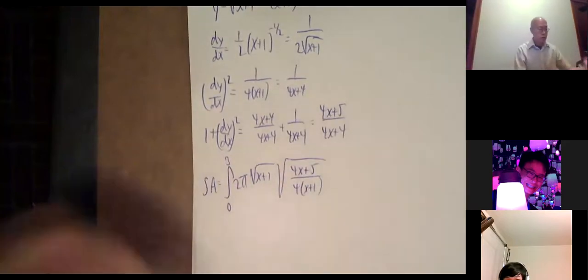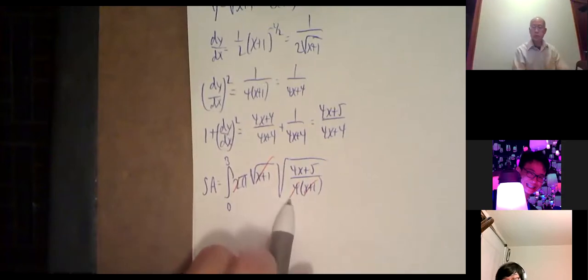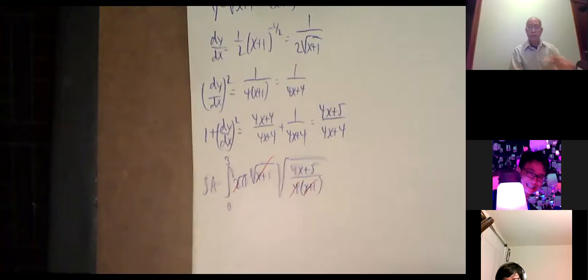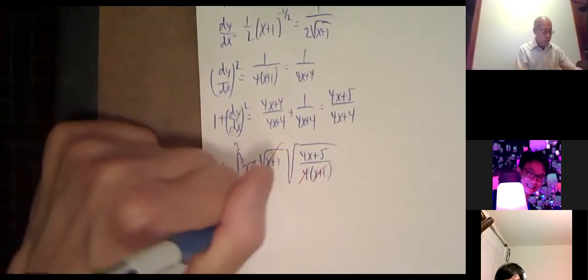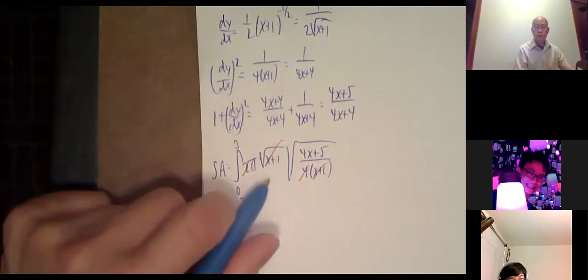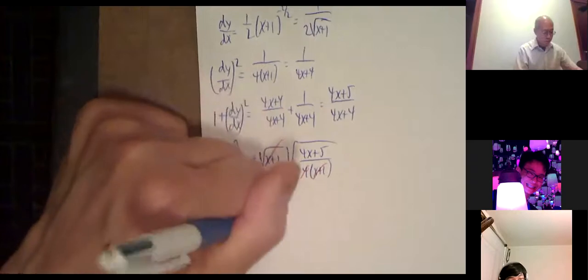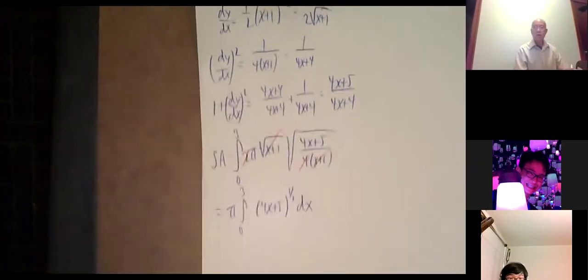And watch what I do here. 2 cancels square root of 4, radical x plus 1, radical x plus 1. Take out the pi. So pi integral from 0 to 3 of 4x plus 5 to the 1/2 dx.